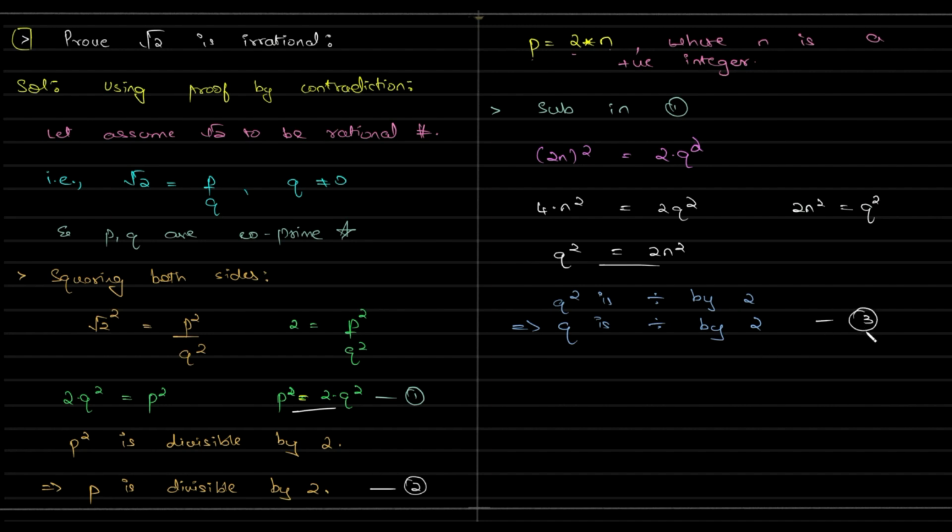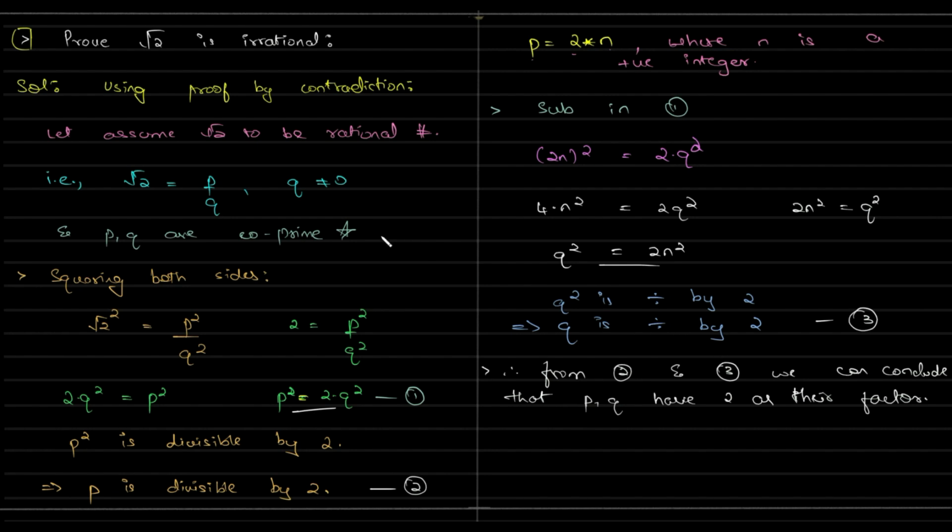So from equation 2 and 3, we can conclude that p, q have 2 as their factor. 2 is going to divide p and q as per this information.